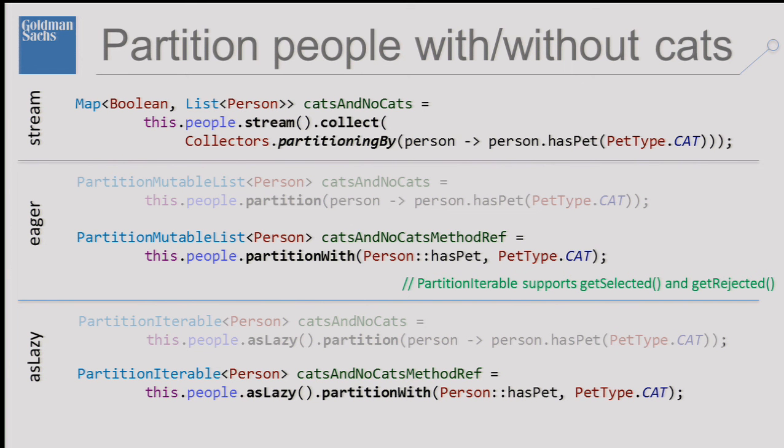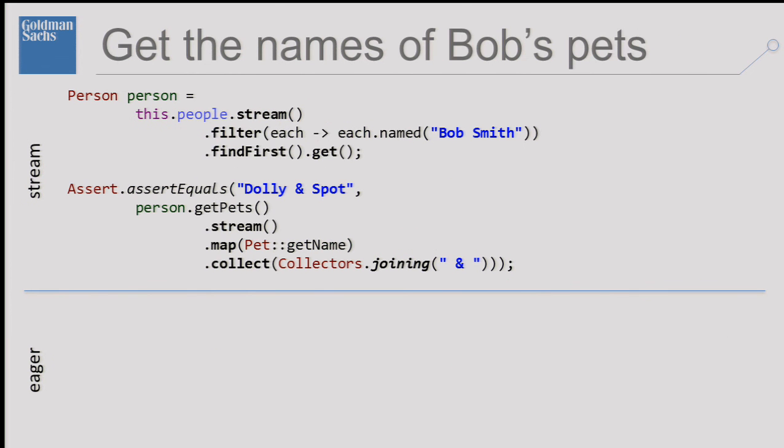Here we actually have an explicit data type in Eclipse Collections, which is a partitioned list, where there are two methods on it, one of which is getSelected, which returns the objects that matched the partitioning criteria, and getRejected, which gives you the objects that didn't match the partitioning criteria. So the API is a bit more explicit, with explicit types to support that use case.